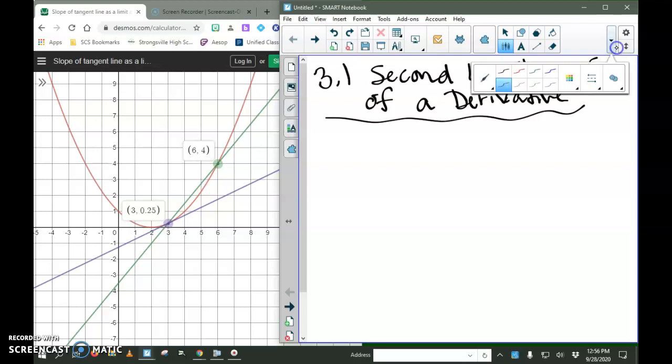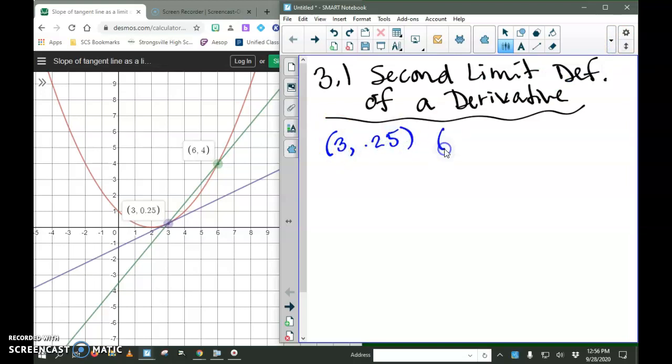And so when I take a look at my example here, if I have the point (3, 0.25) and the point (6, 4), I'm going to be looking at the distance between these x values, okay? And the distance between these x values is h, okay?